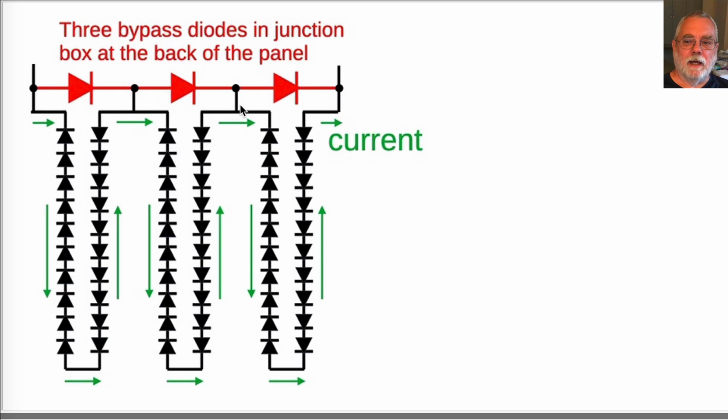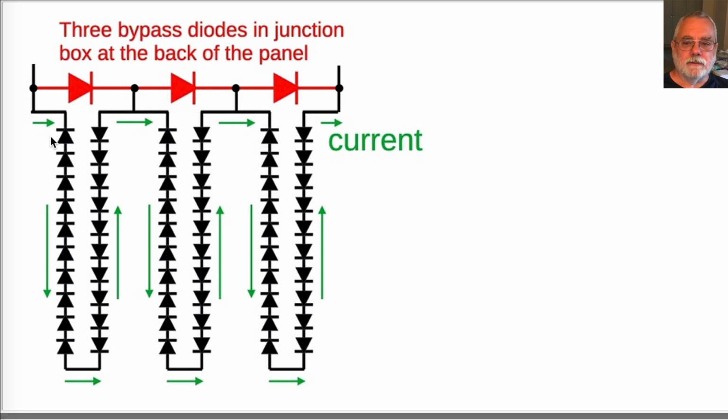With the bypass diodes, the bypass diode for that string would become forward biased, would conduct current in the forward direction, and would develop a small forward voltage. We will use 0.6 volts for concreteness. An ordinary silicon p-n junction diode, but the voltage may be a little higher at this current, or it could be lower for a Schottky diode. Let's call it 0.6 volts.